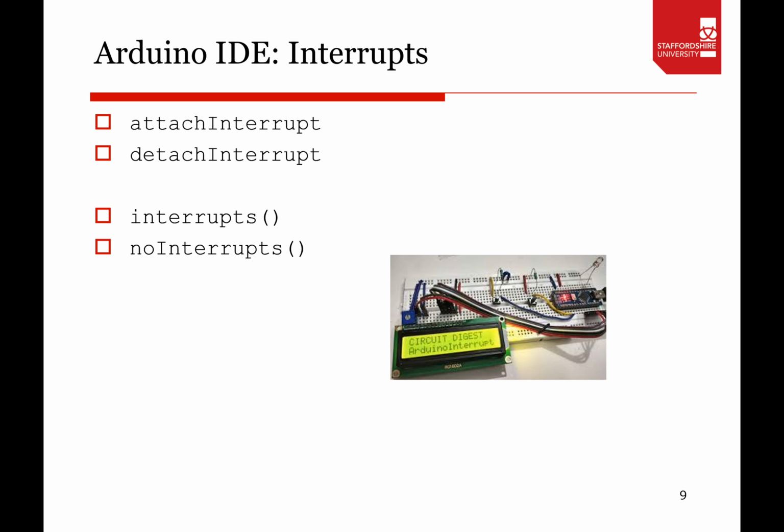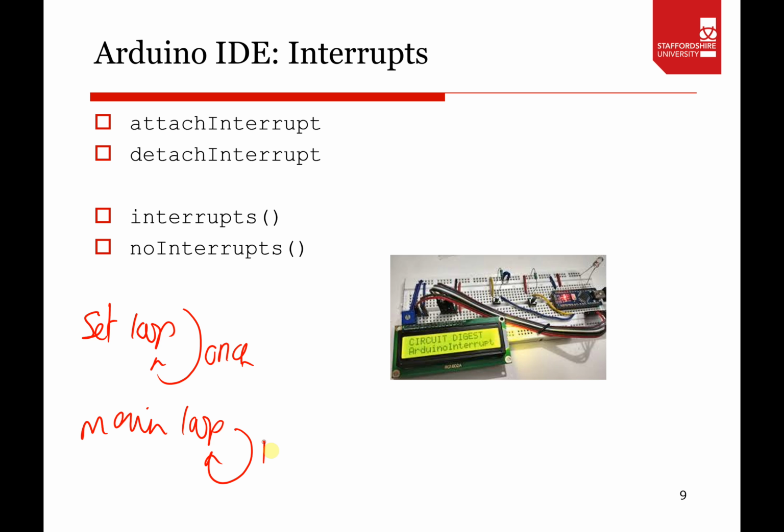Interrupts. So quickly moving on, we will talk about interrupts in a lot more detail later. This is just to tell you what an interrupt is. In your Arduino program, you have the setup, which goes through once, and then the main loop, which goes through infinitely.